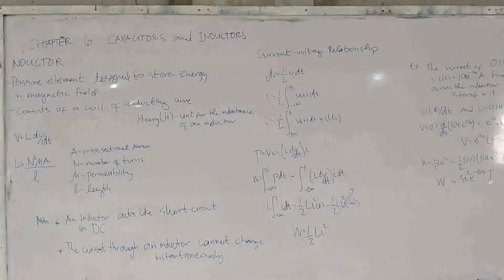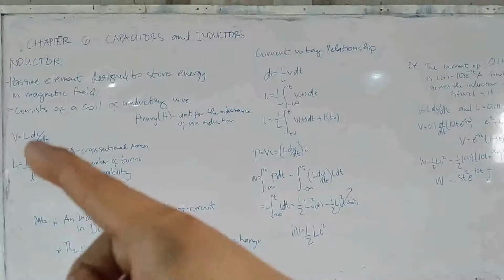If we have di equal to 1 over L v dt, this formula is taken from this because they are separable.